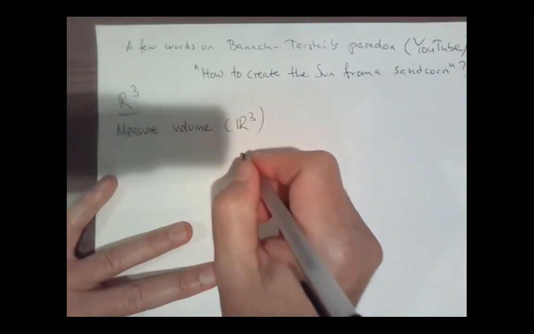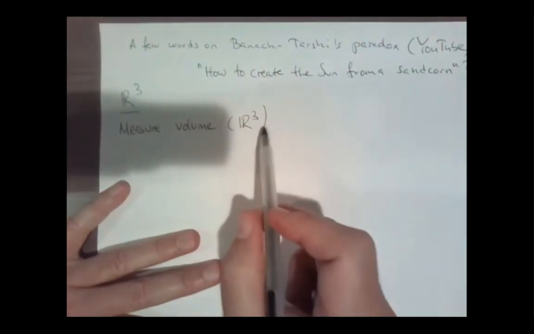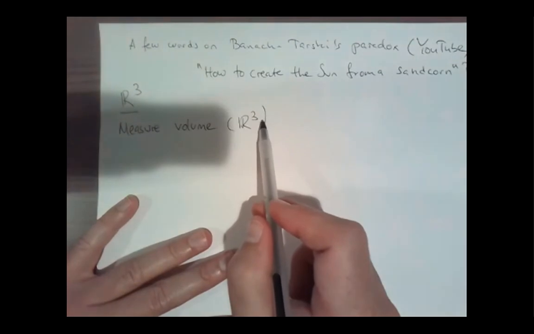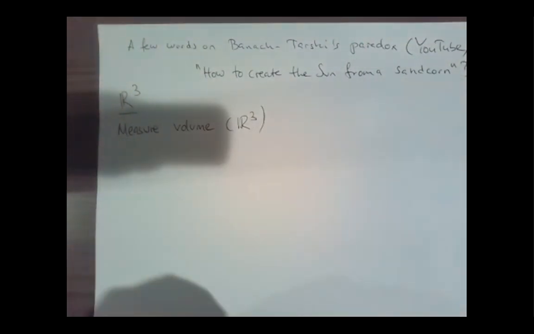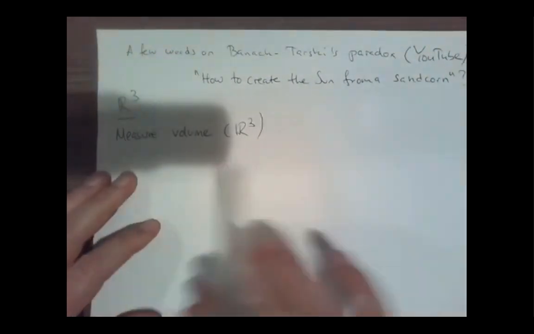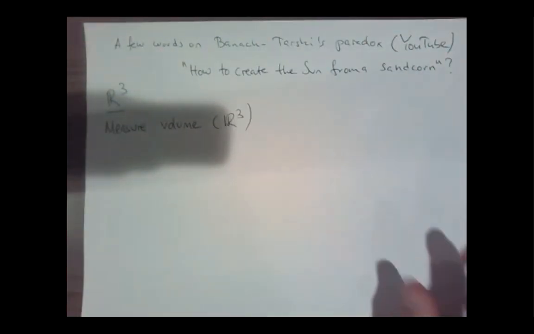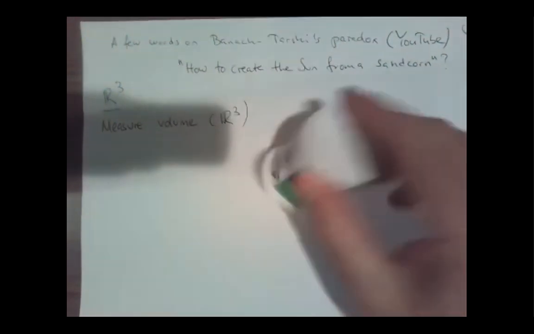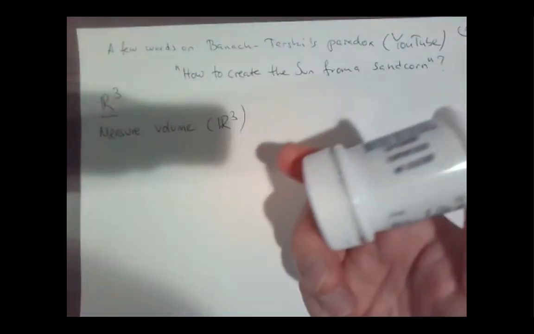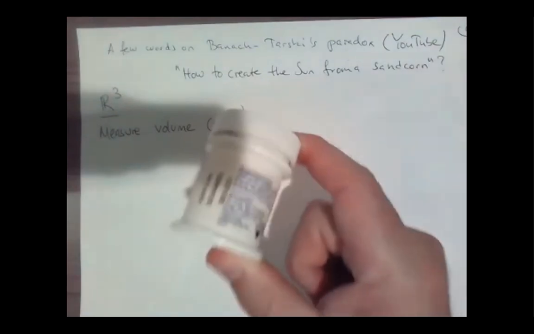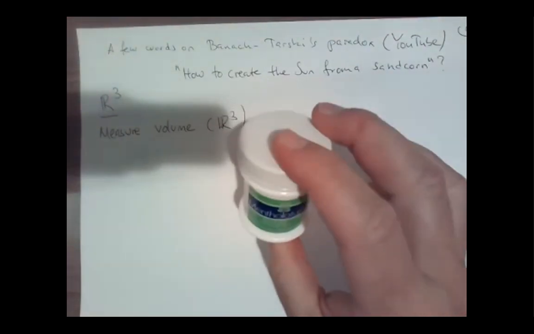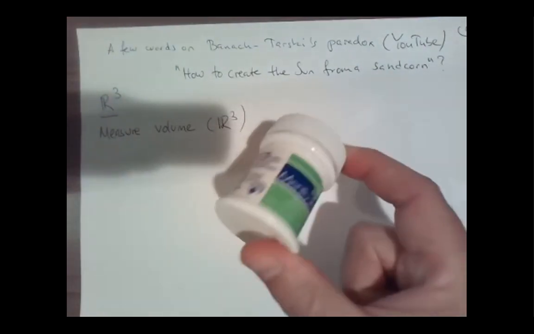I could also measure area, which would be R2, and if I measure length, it would be R1. I don't know what to call it when we're in R4 or higher, but we're going to be measuring volume. So the idea is, this is my lip balm container. This is an object in R3, and I'm interested in measuring the volume of my lip balm container.